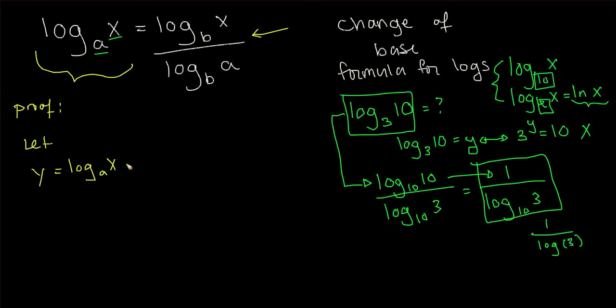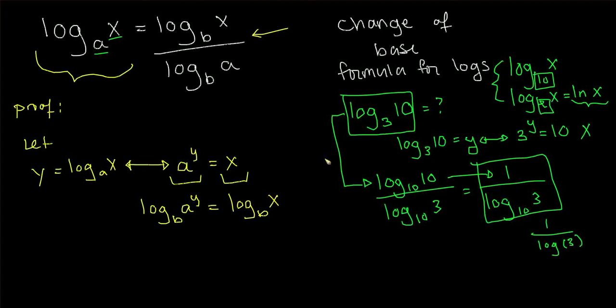If we translate this into its corresponding exponential form, we get a to the y equals x. Now, by the one-to-one property of logs, if these are equal, then the log base b of this is equal to the log base b of that. I introduced b because I could have taken any kind of log: base 3, base 10, whatever.